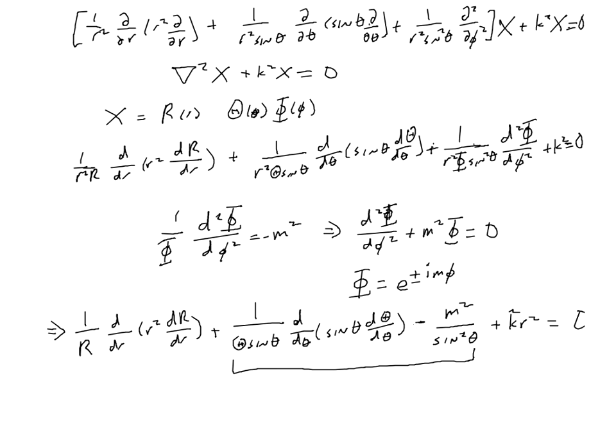Well, this equation, 1 over sine theta d theta times the sine of theta d theta minus m squared over sine squared theta must be equal to a constant times theta.